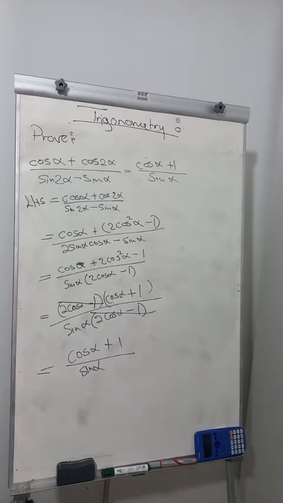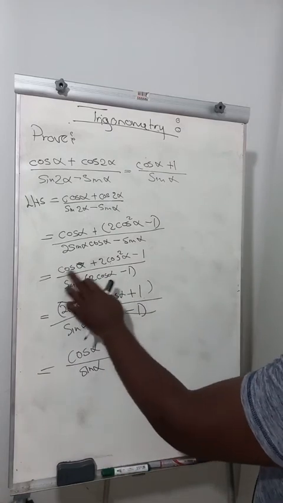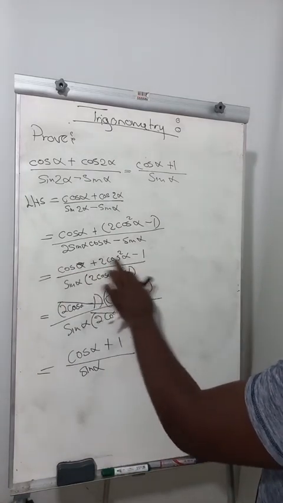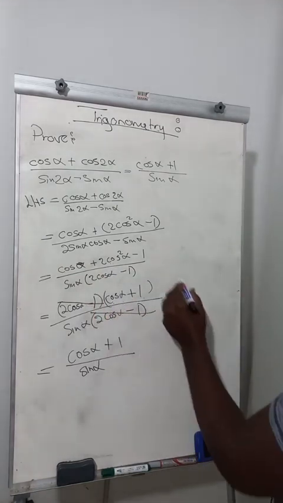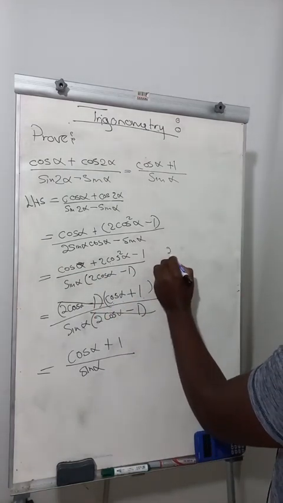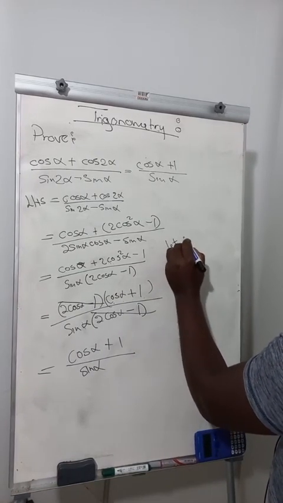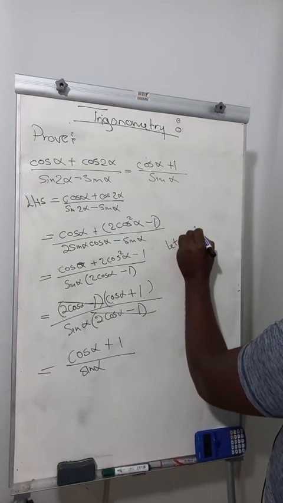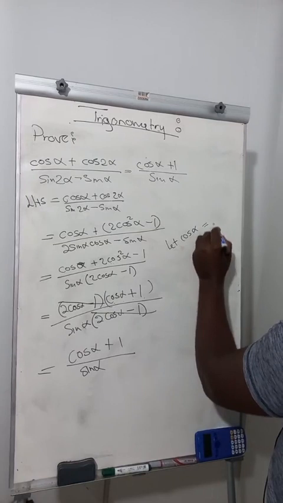So I understand, and others I'm sure might be lost here. Do you see this thing which is on top here? Try to treat it as 2. Okay, let cos alpha be x.